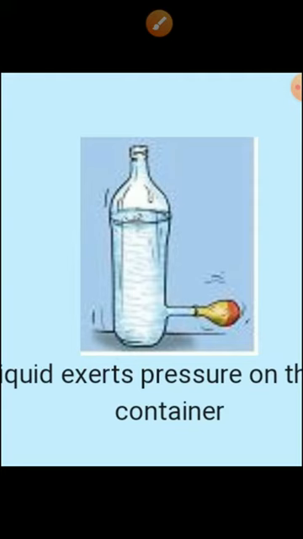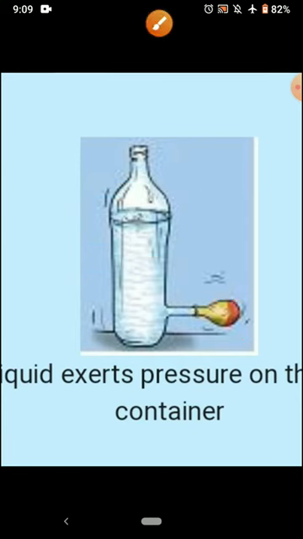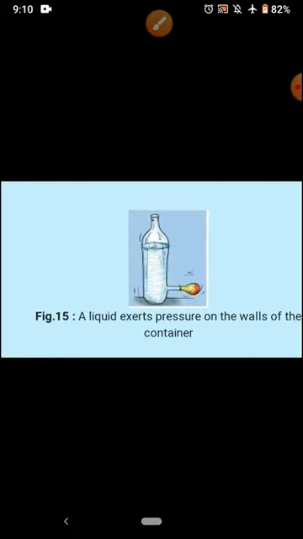Now fill the bottle half with water. You can see there is a little bulge. But when you fill the bottle up to its full capacity, you can see more bulge of the rubber. So this activity has proved that there is a relation between the amount of bulge in the rubber sheet and the height of water in the bottle.